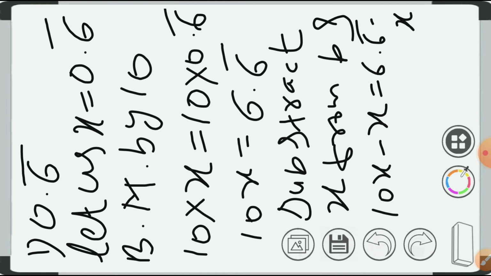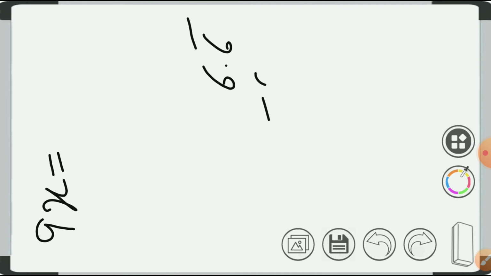Okay, understand? Next step, 10x minus x, 9x equals 6.6 bar minus 0.6 bar.